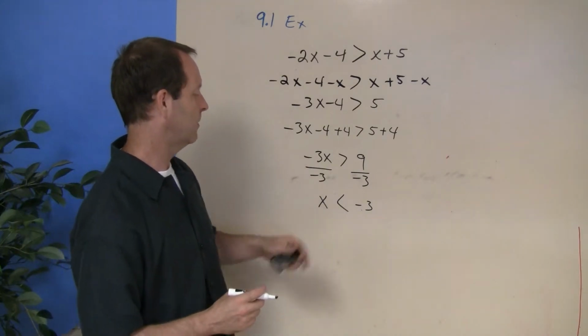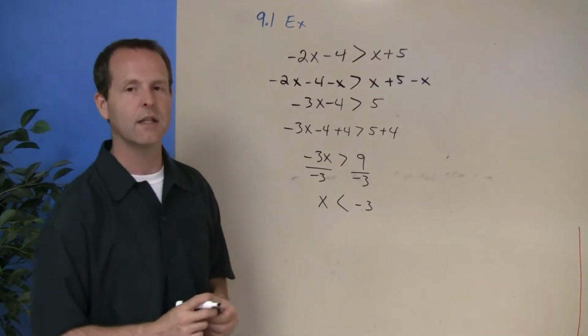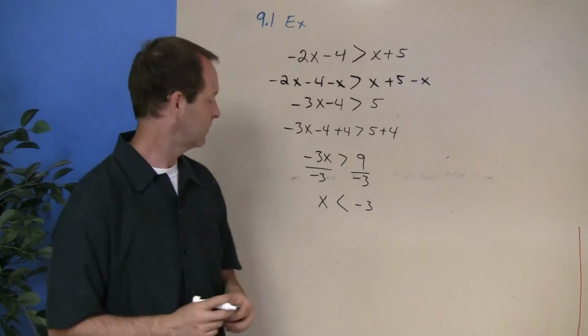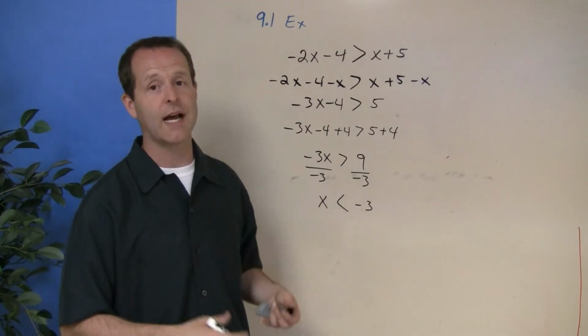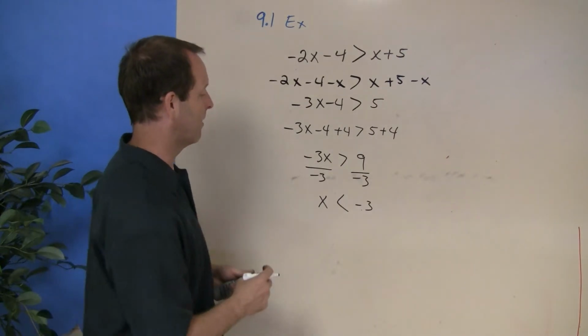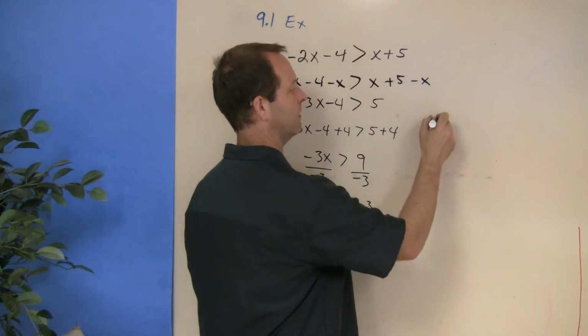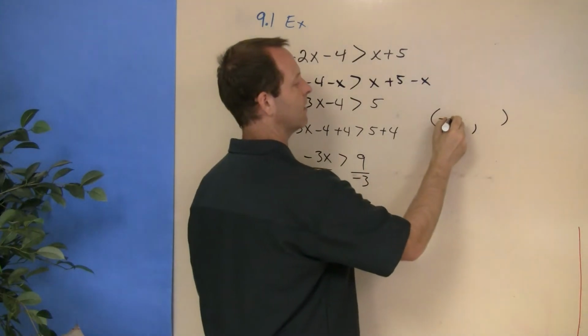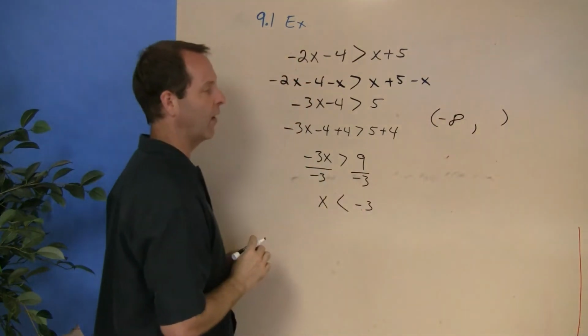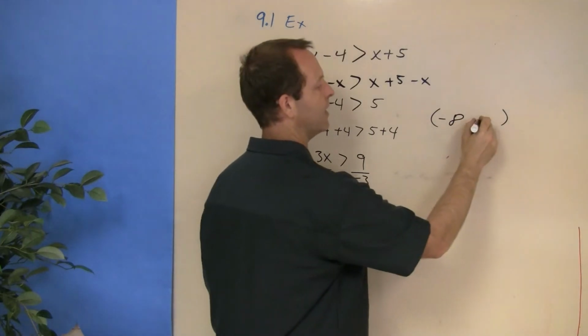For interval notation, what I want to do is figure out the lowest possible value. Well, all x is less than negative 3, so negative 3 is the highest value that it can become. I'm going to put negative infinity as my lowest value, and negative 3 as my highest value.